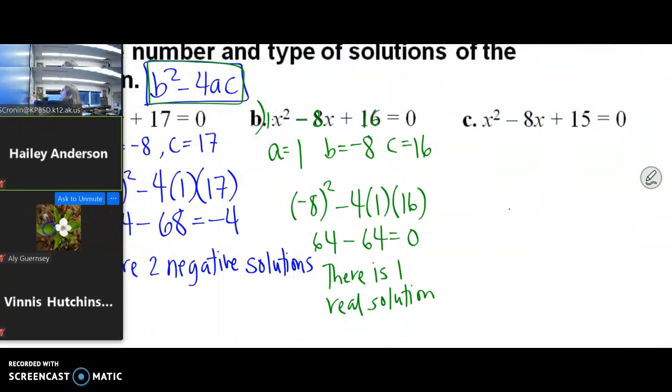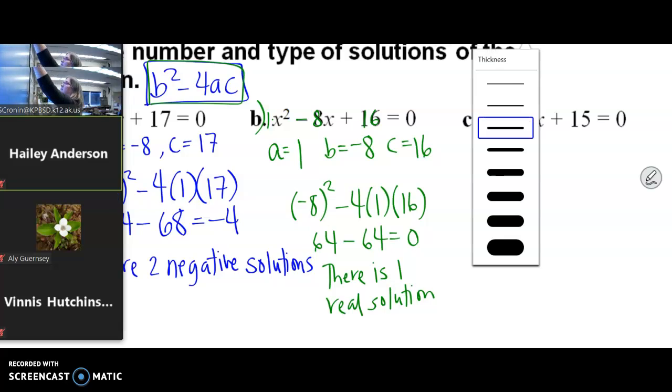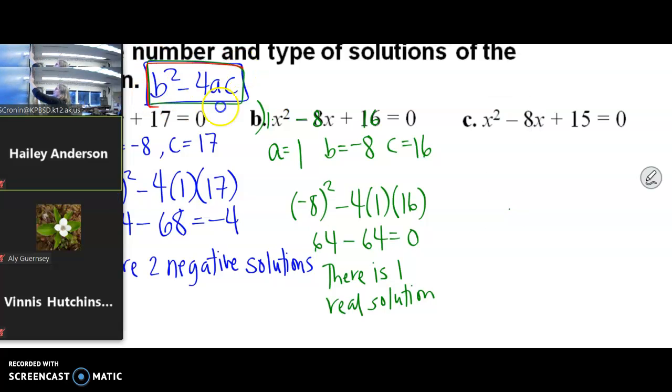And then the third one here, I want you guys to do that one, identify a, b, and c, calculate the discriminant, and then decide what type of solutions you have.